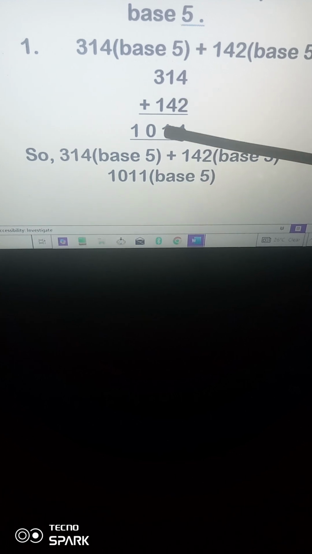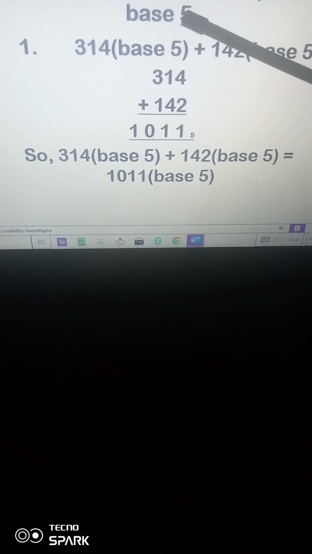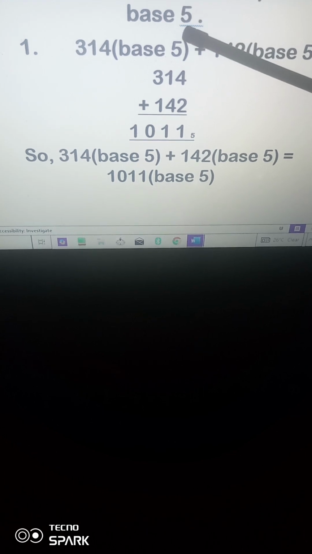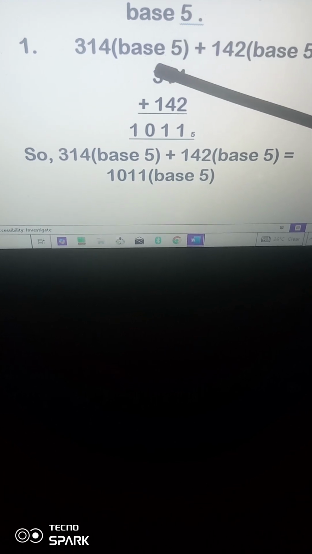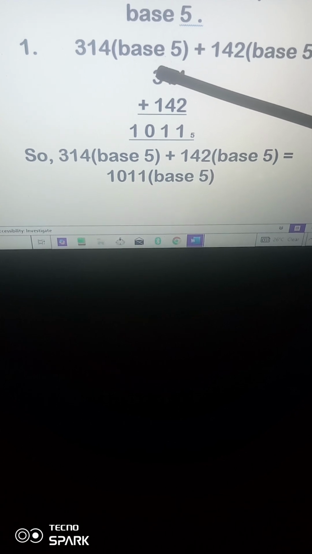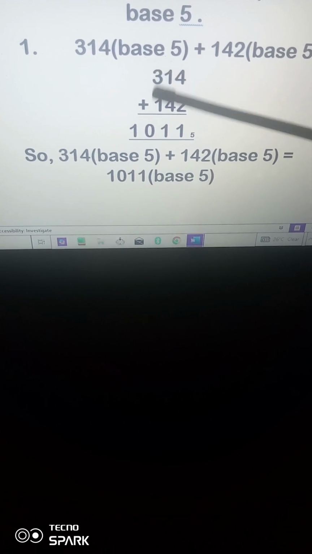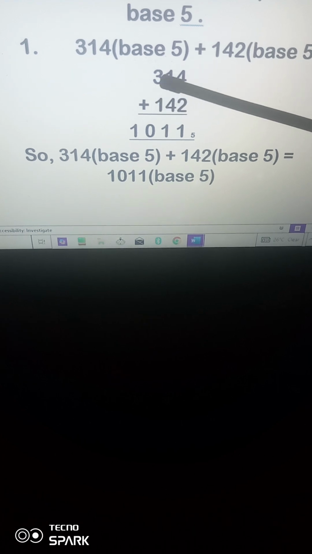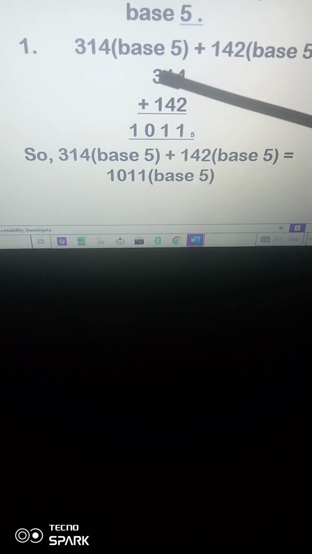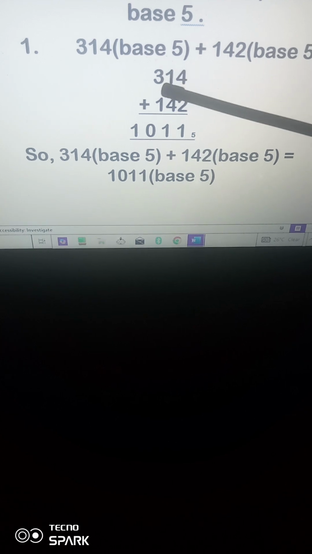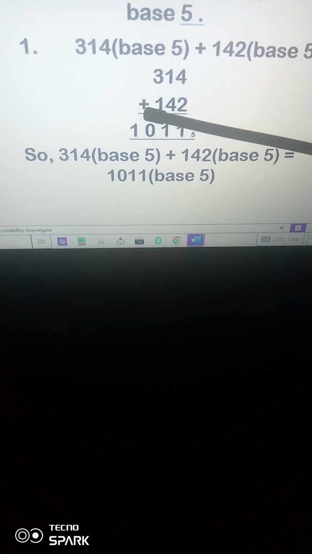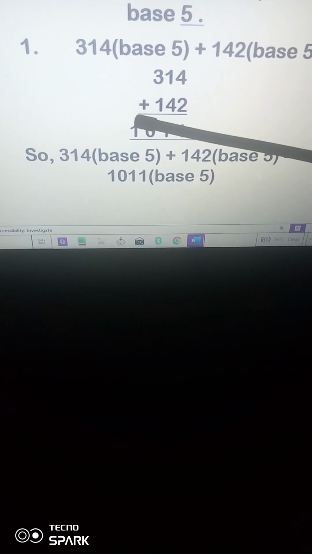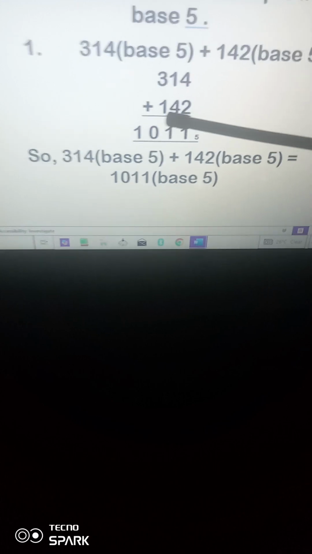We write that 1 and carry that one bundle of 5 and add it to 3. 3 plus 1 is 4. 4 plus 1 is 5. 5 divided by 5 is 1, remainder 0. You write down that 0 and you carry 1 to this side. In everything we do in number bases, it is the remainder we write.